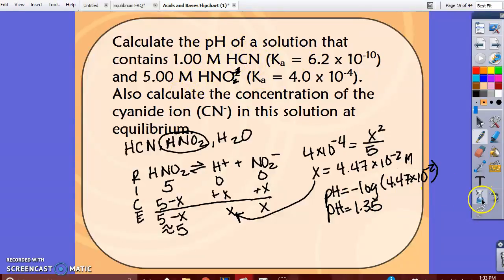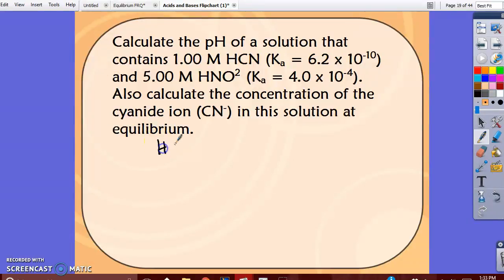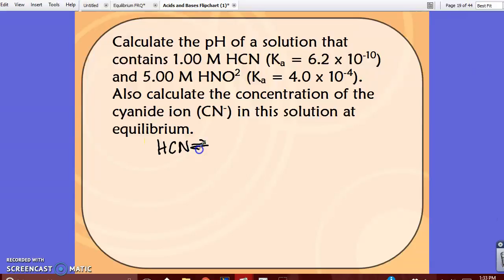It also says to calculate the concentration of the cyanide ion. So I'm going to erase this. For the cyanide ion, I'm going to write out the dissociation equation. The HCN forms H positive and CN negative, and I don't even have to do an ICE box. So I set up the Ka, 6.2 times 10 to the negative 10th equals, and we're going to put the hydrogen ion concentration on top.